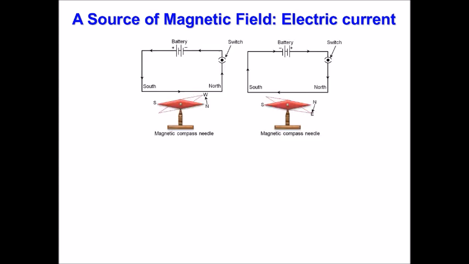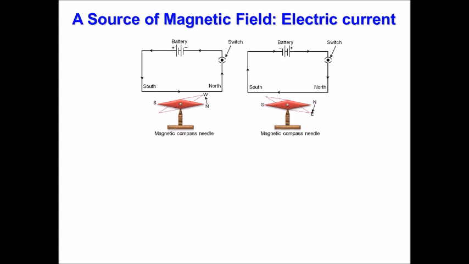An electric current circulating in a wire is a source of magnetic field. I would like to start my lecture with an experiment. The first experiment that demonstrated that an electric current generates a magnetic field was done by Oersted. He was just doing a demonstration for his physics students about magnetic field and electricity.